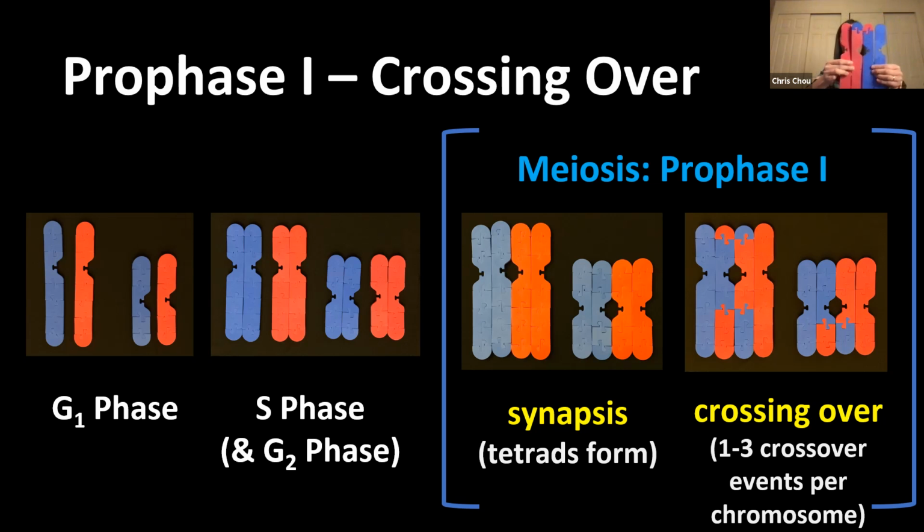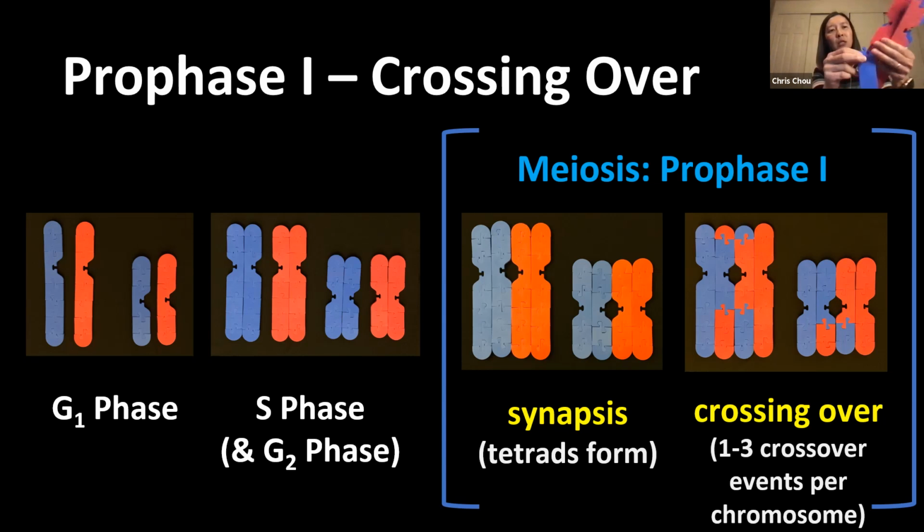Now this is showing you in a 2D form. But what can be really helpful for students is to understand this is happening inside a cell, which is a 3D space. Instead of these chromosomes lined up next to each other, as textbooks can only show, you can actually have them back to back, as you see in my camera, and have them lined up and then do the cutting and the swapping that happens right here.